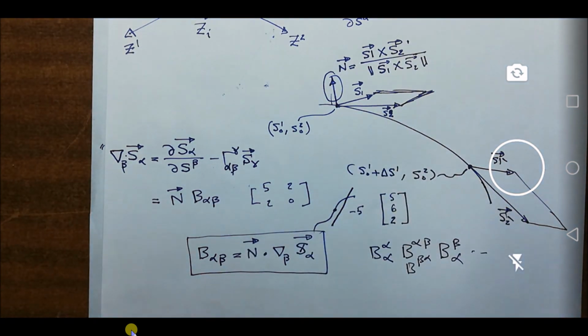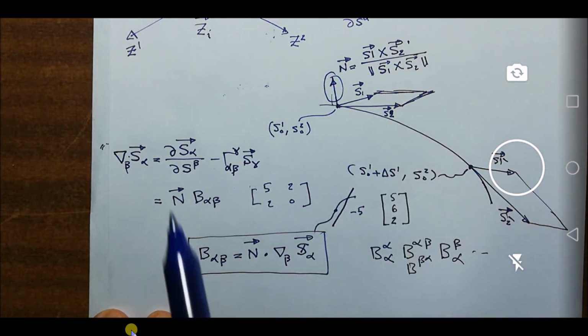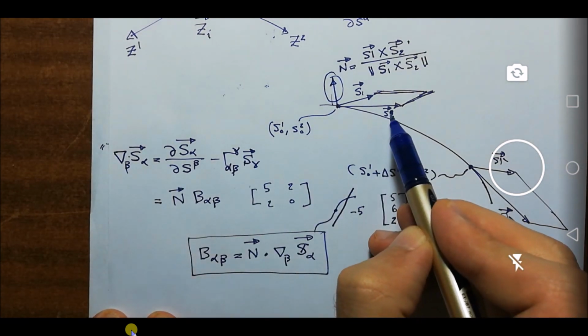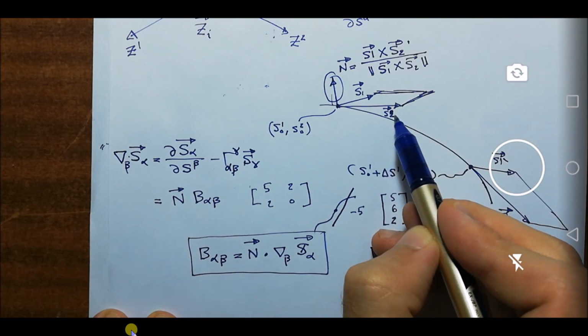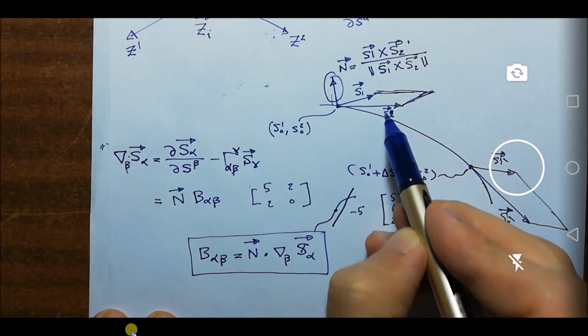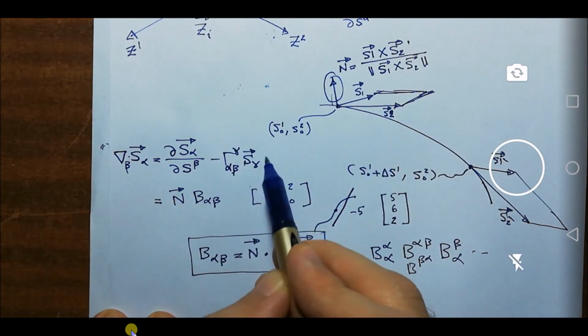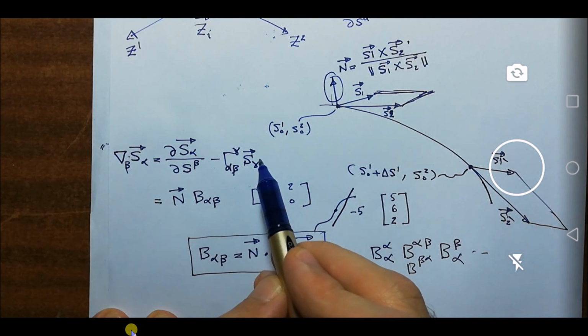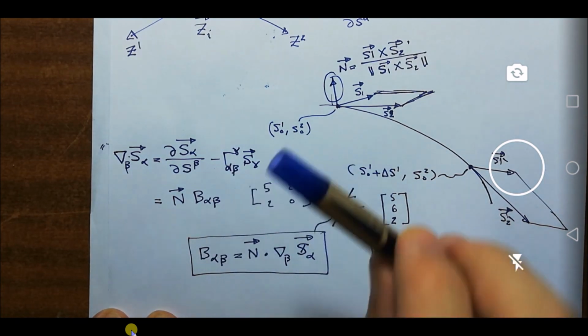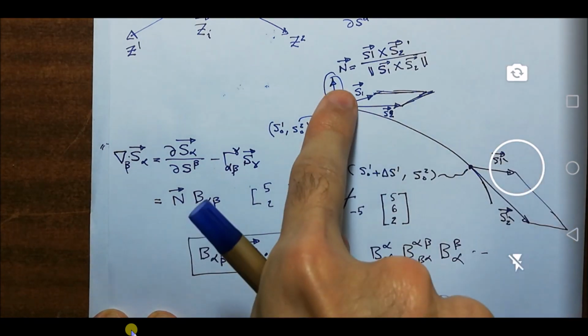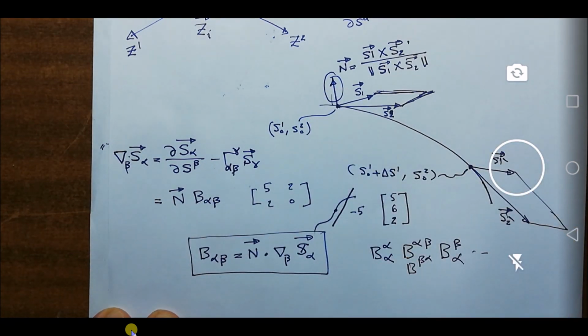Because remember, we already projected the difference vector onto this plane. That is, we find those two components, S1 and S2. They are encoded here. And the only thing that we need to do now is to find the dot product between this vector and the normal in order to complete our representation of the difference vector using those 3 basis elements. Well, guess what? We already did it again.